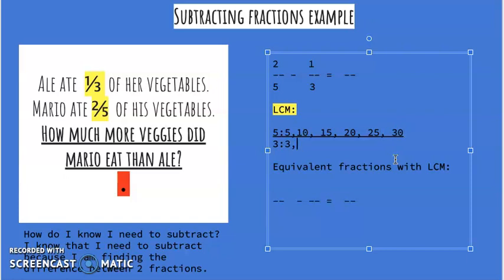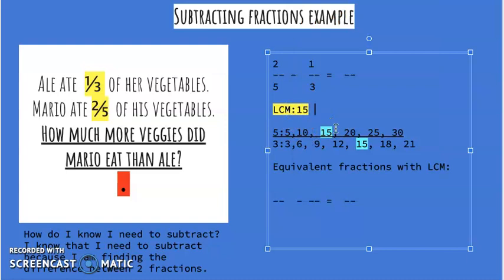And I'm going to do my timetables for the 3. So 3, 6, 9, 12, 15, 18, 21. So now looking at both of my timetables, I see that the first number they have in common is 15. So 15 is the least common multiple for 5 and 3.